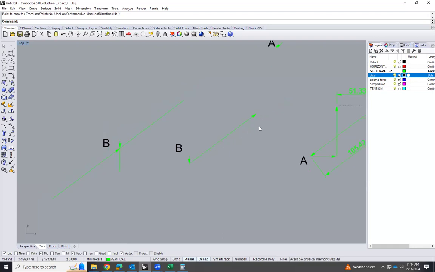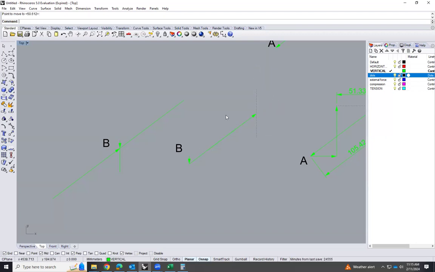So if I have a vertical line and another line, and they both have to meet at this point, what can I do? Here I know that I have a vertical one. I'm going to use the dot line, and I don't know yet if it's going to go up or down.